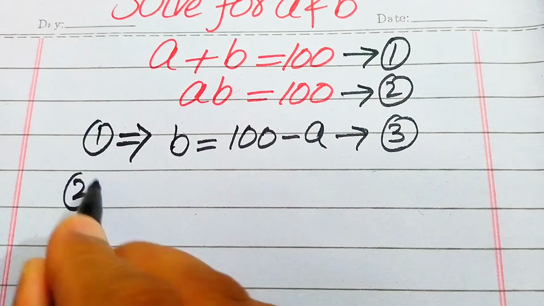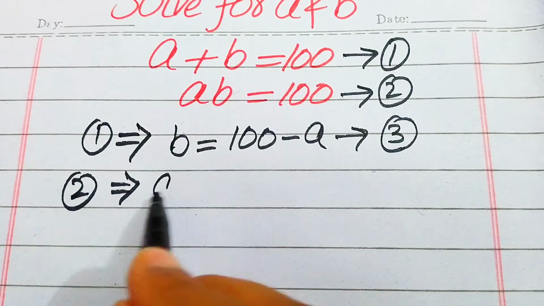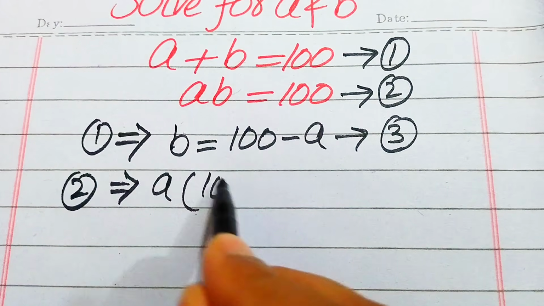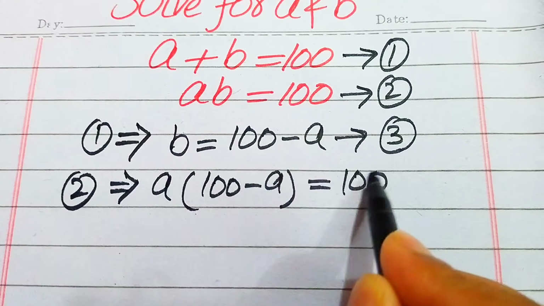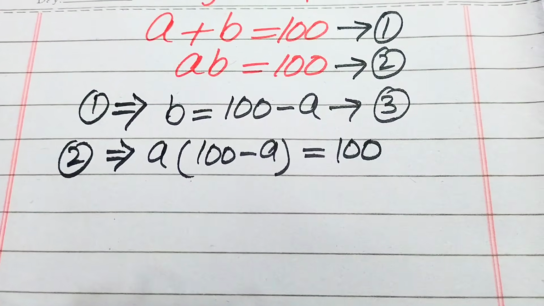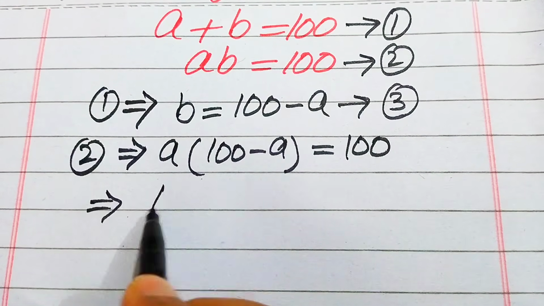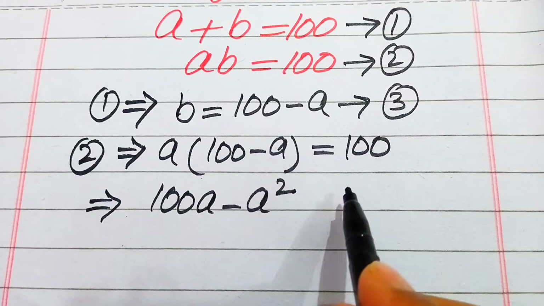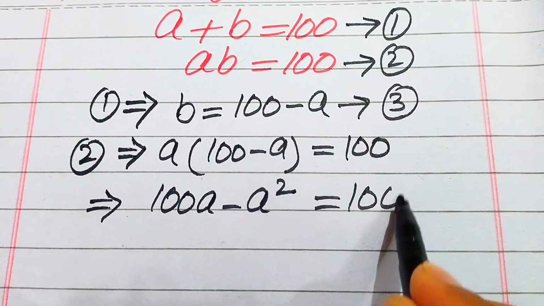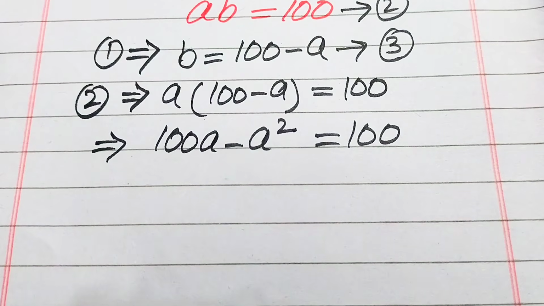So our equation number 2 implies that ab equals 100, and we have the value of b is 100 minus a, equals to 100. Here we need a little bit more simplification. We multiply a on both of these two values and it becomes 100a minus a square equals 100. So we convert our given equation into a quadratic in variable a.